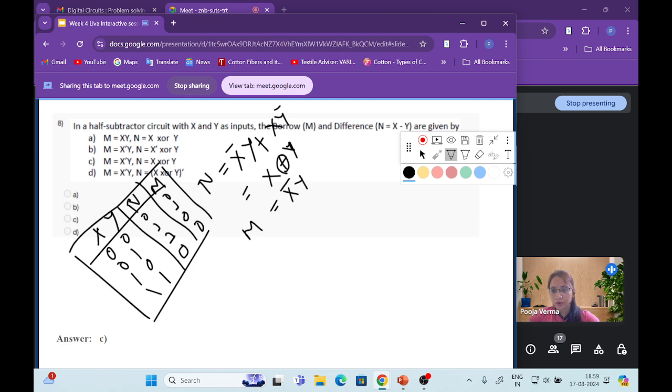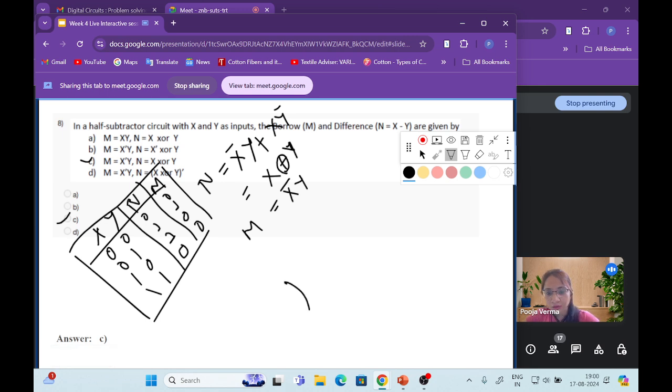So from the truth table, the difference is X XOR Y and the borrow is X'Y. Which option is correct? From the options, only option C is the correct option.